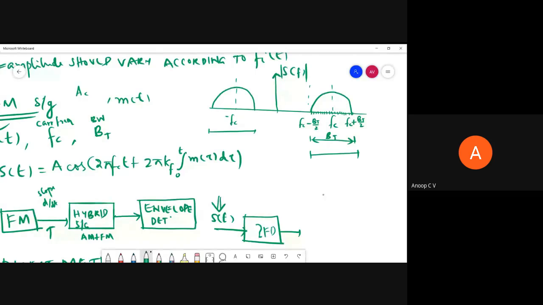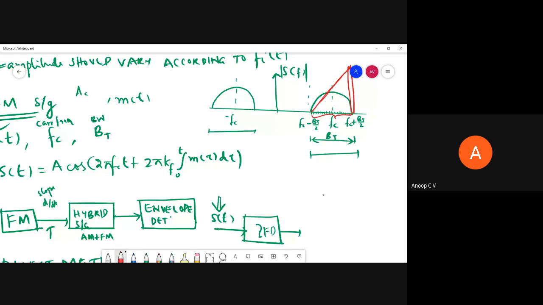So a slope circuit should provide different gain for different frequencies. Maybe I can realize it something like this, a slope circuit. If it is something like this, you can see as frequency changes, it's linearly changing, and it is prescribed only within a frequency range.